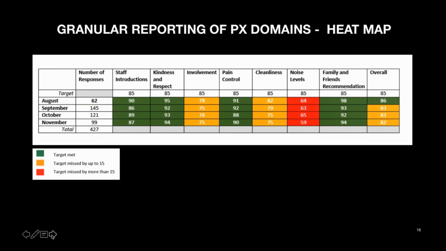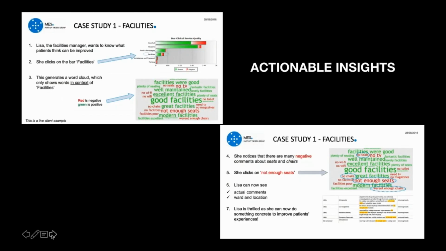Here's another case study where we use the example of Lisa, a facilities manager who has gathered a lot of those free text comments, and she wants to know how she can improve the facilities, because as you know, environment is a big part of the hospital patient experience. The facilities, the walls, the cleanliness, all of that comes into the comfort and the experience.